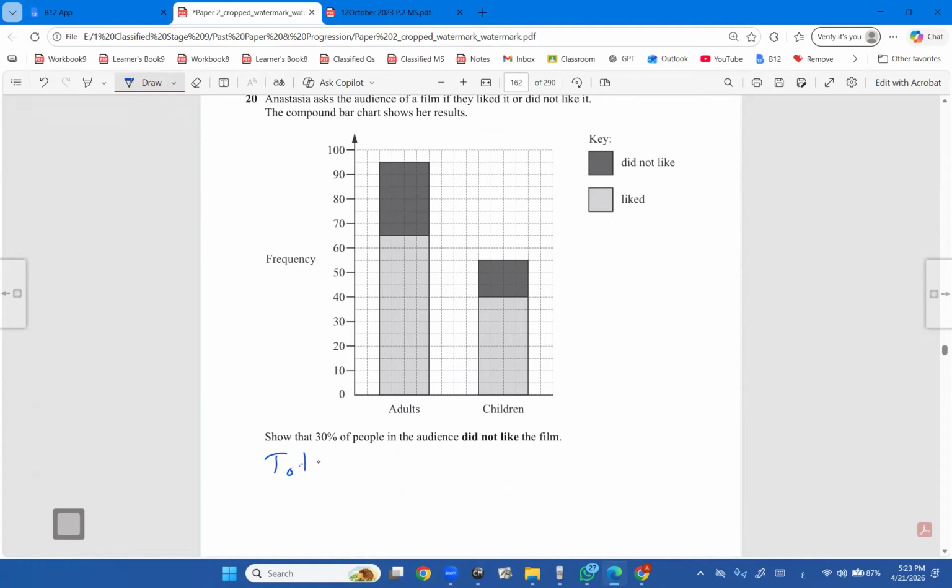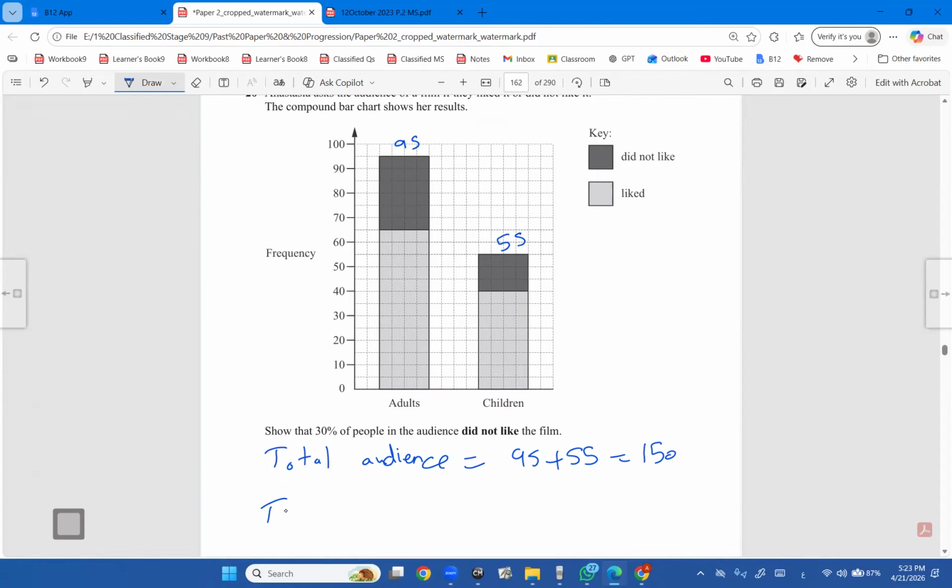So total audience are how many? Here I've got until 95, while here I've got until only 55. So 95 plus 55 equals 150. That's the total audience.